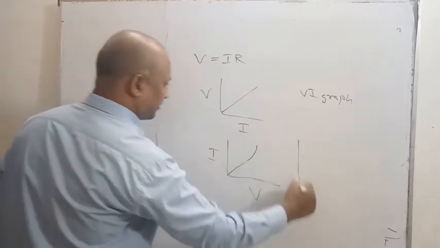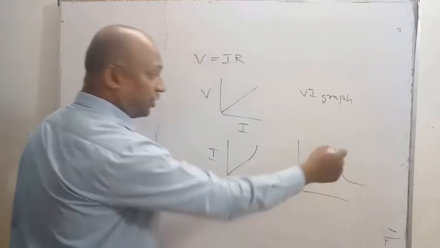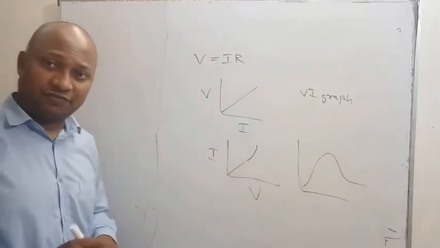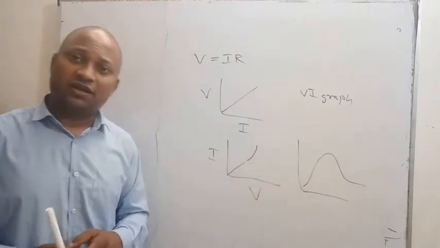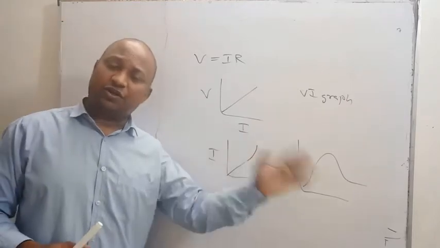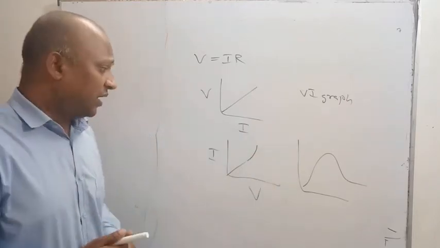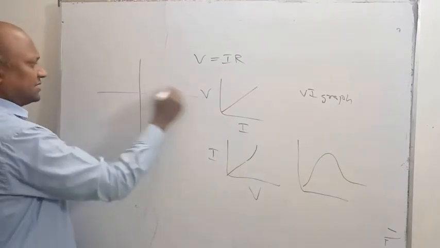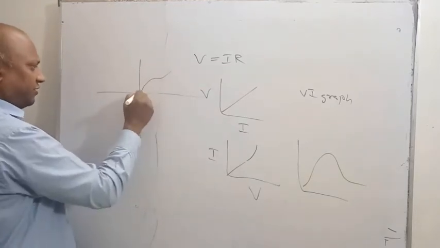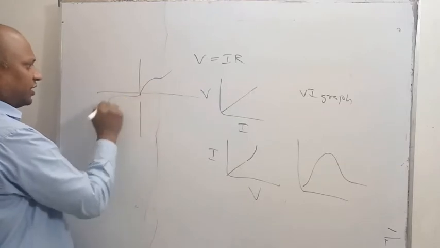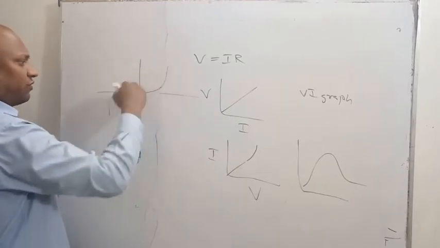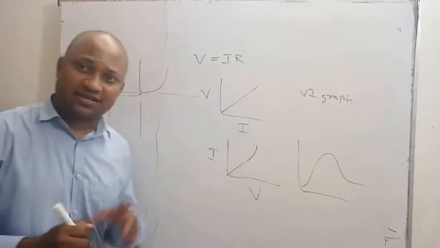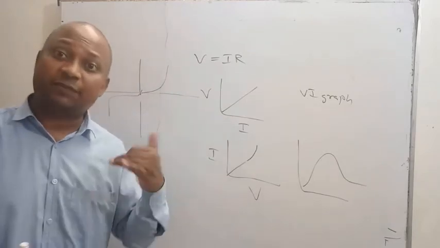For a semiconductor, sometimes the graph is like this. Two different values are there for current. For a single current there are two different potential differences, and for forward bias and reverse bias the things are totally different, reverse characteristics and forward characteristics for a semiconductor.